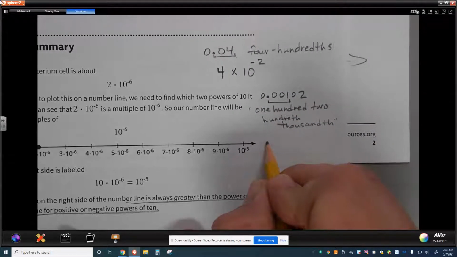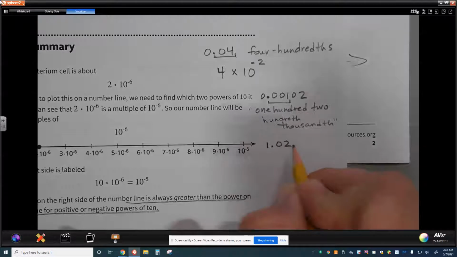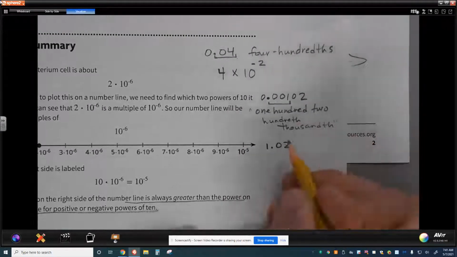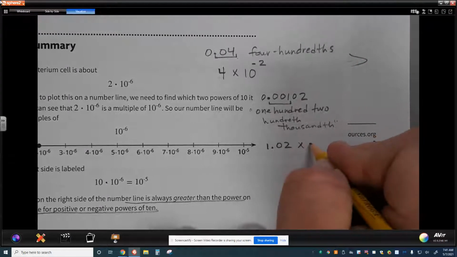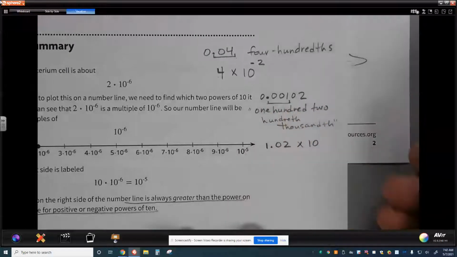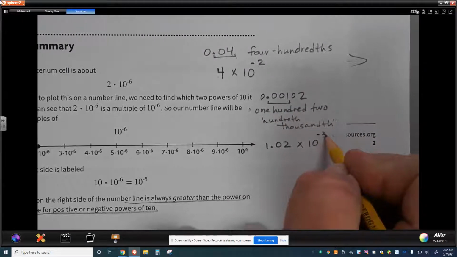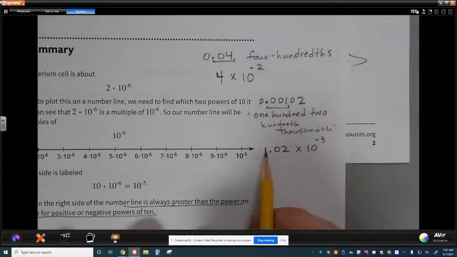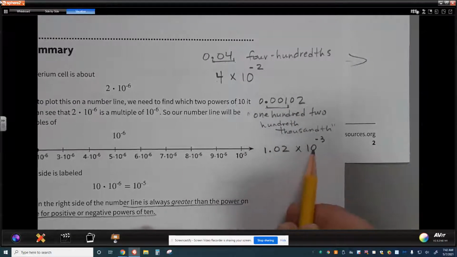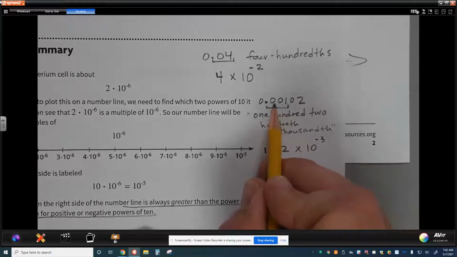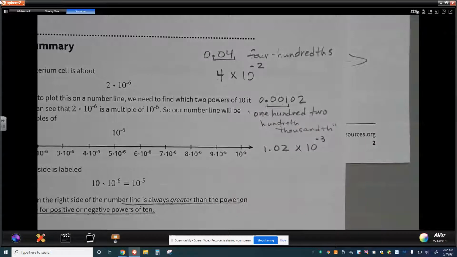This is what we call the leading digit, 1, and include the next digits. I know that there's a 0 here, but there's also a 2. 1 and 2 hundredths times 10. Look back to how many place values it took to get past the leading digit, and recognize that as a negative power of 10, which would indicate that we're multiplying by 1/10 of this value right here. So 1 and 2 hundredths times 1/10, times 1/10, times 1/10 would bring it back to those values.